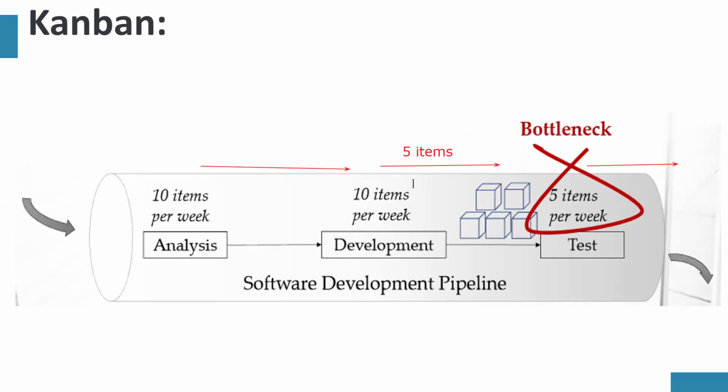So if testers have requested 5 items, they'll have 5 items left. They can ask these guys to send them 5 items. And when they ask for 5 items, they can equally bring 5 items from the product backlog. Okay, so that's a pull system.